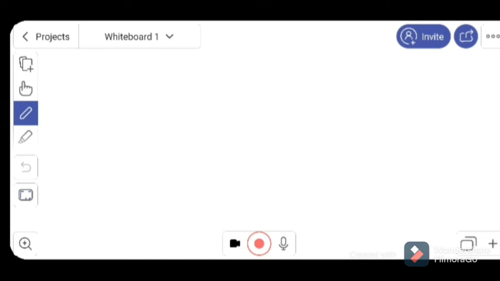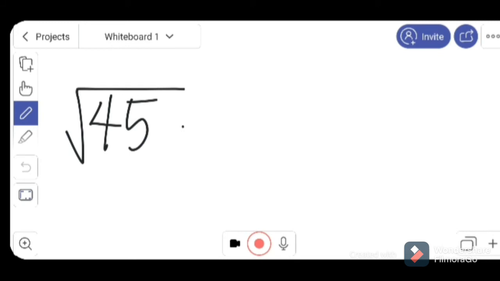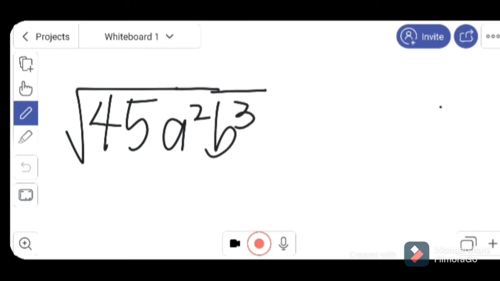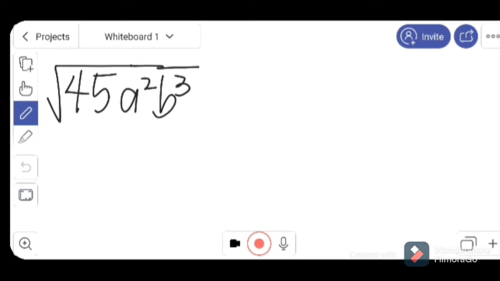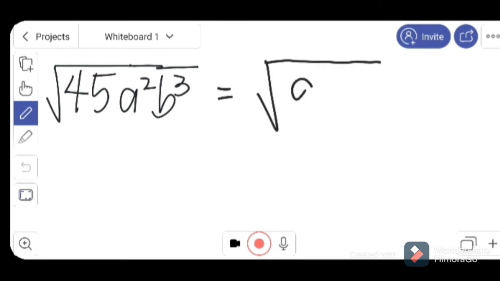Let's have the one with variables. The square root of 45 a squared b cubed. First, we factor 45. The factors are 9 times 5.